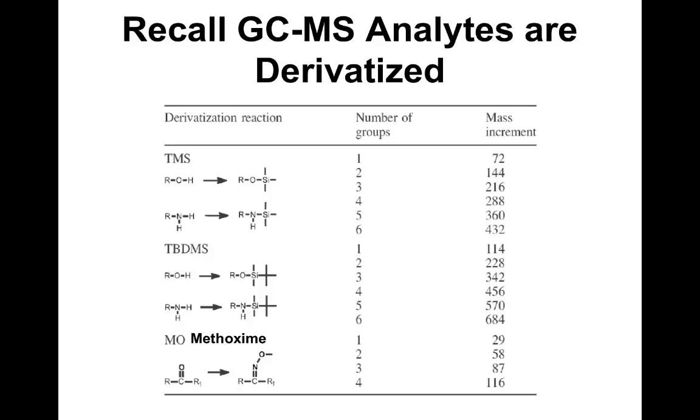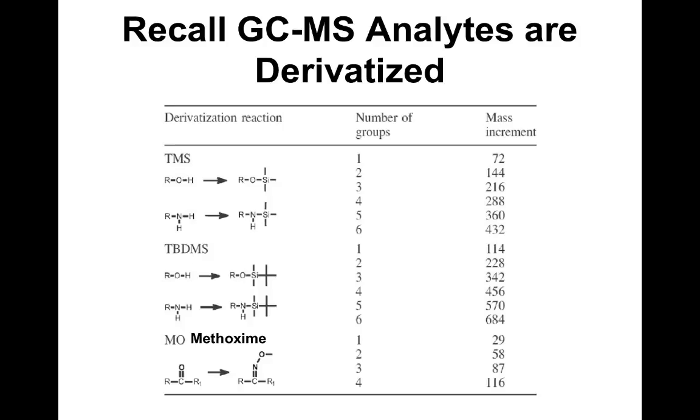Now, in many cases, it's important to remember that in GCMS the compounds are derivatized. We talked about trimethylsilane, or TMS. And they will be decorated. If there's one TMS, it'll add 72 Daltons. If there are 2 TMSs, it'll add 144 Daltons, and so on. There are other derivatization agents.